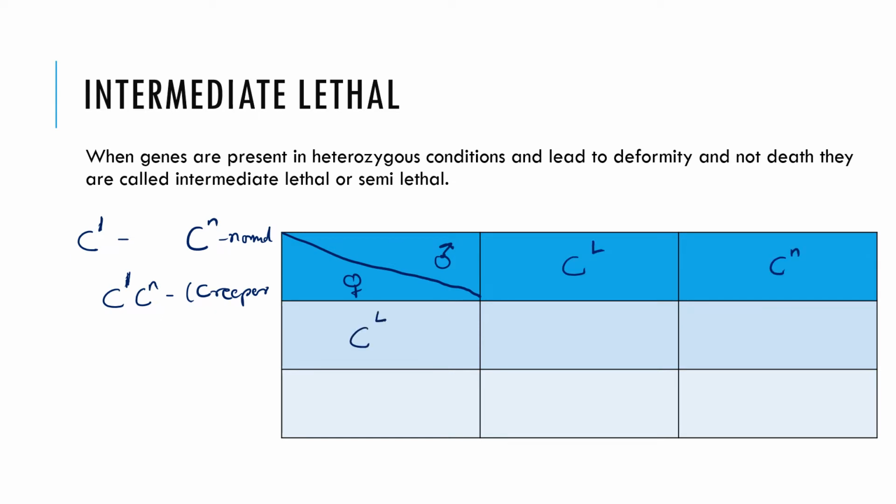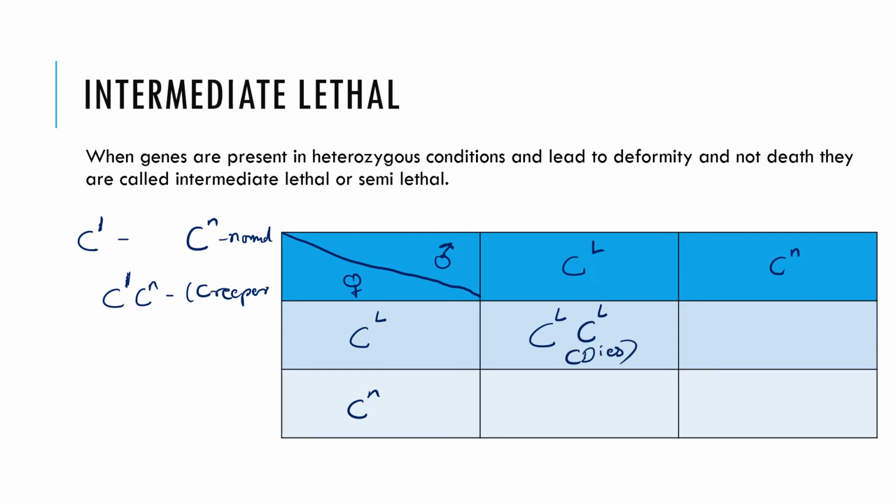Over here, the lethal allele is dominant, but it does not express itself fully in the homozygous condition, because if both of them are present, the individual will die.